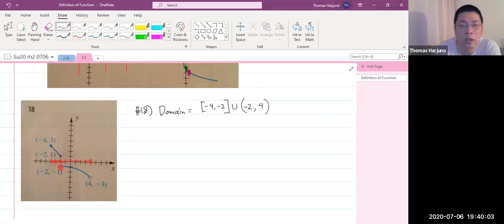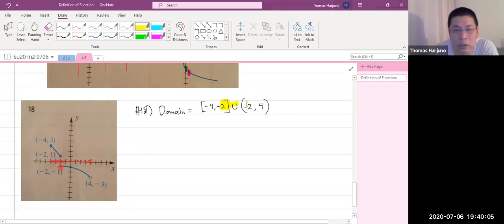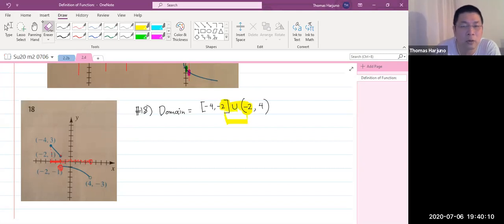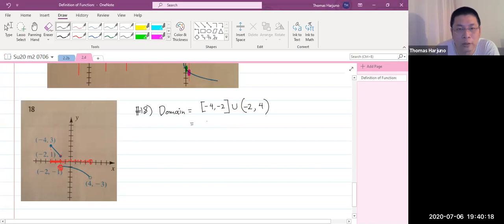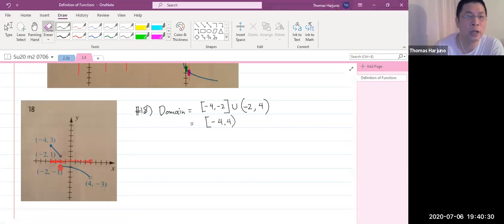Now notice that these actually fit together. They are connected, so we can put them together, and it becomes -4 up to 4, not including 4 though. That's the domain.